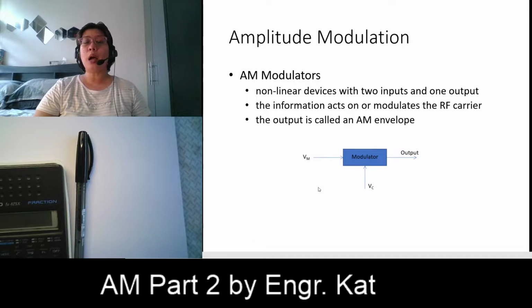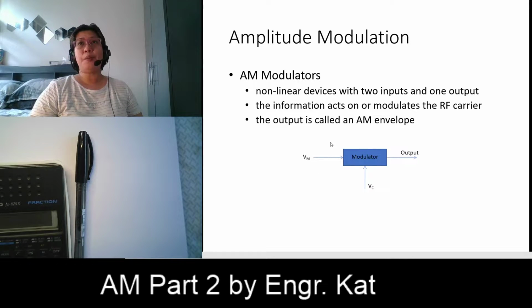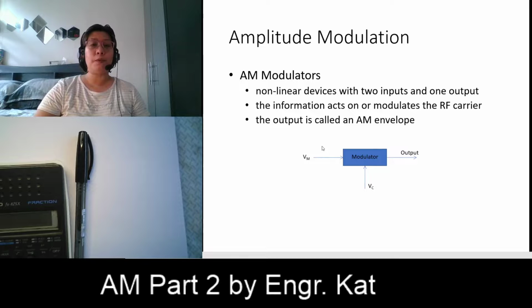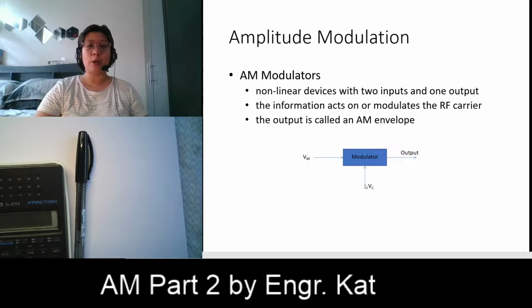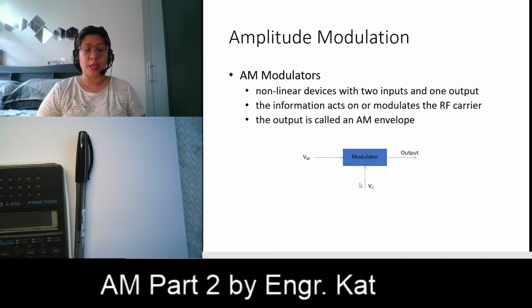Our modulating signal is usually low frequency, from the audio frequency ranges, from the voice frequency range, while our carrier frequency is RF. When we say RF, we are talking about radio frequency. We have here one output. Our output is the AM modulated wave.